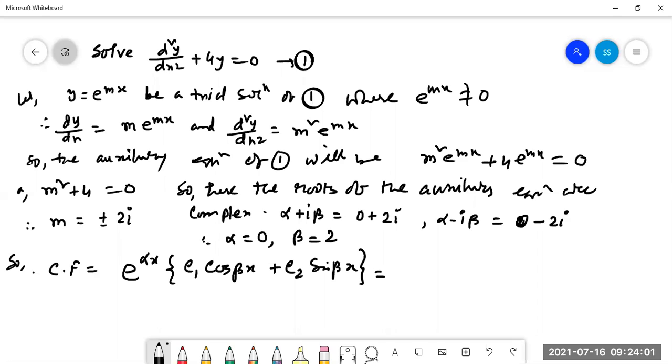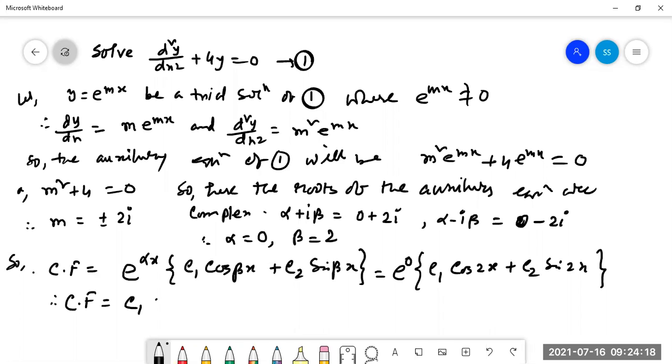As alpha equal to 0, so e to the power 0 times (C1 cos 2x plus C2 sin 2x). So simply, e to the power 0 means 1, so CF will be C1 cos 2x plus C2 sin 2x.